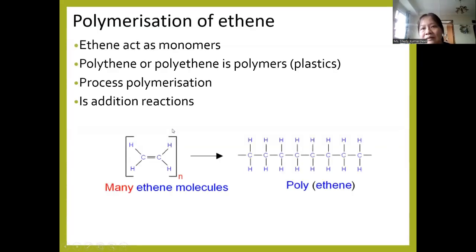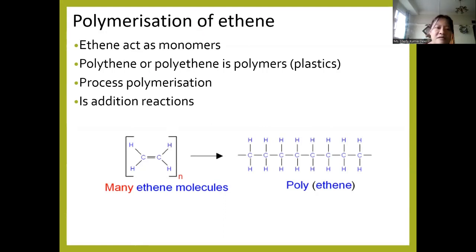First, this is an example of addition polymerization. If you have ethene as the monomer here, when you do the polymerization, the ethene will lose its double bond, but not lose any molecule, only the double bond, creating polyethylene.